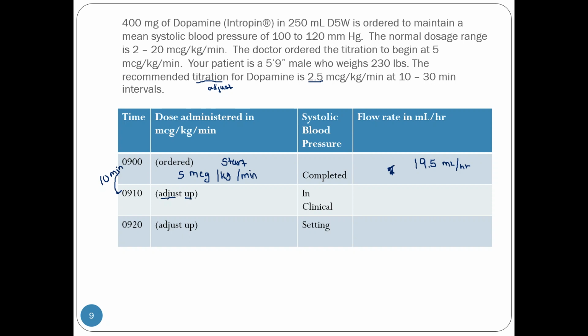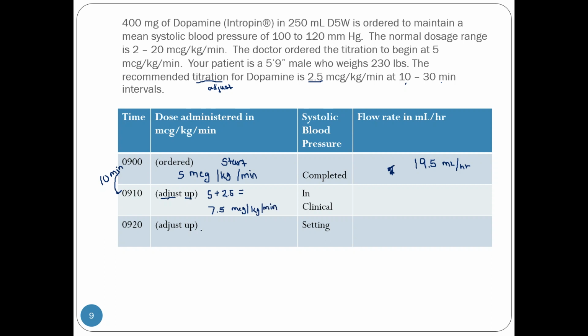And it's 2.5, and it's to happen in 10 to 30 minute intervals. So we see the 10 minutes elapse. It's time to adjust up. So to adjust up, I will simply add. So I'm taking 5 plus 2.5 equals 7.5 mcg per kg per minute.